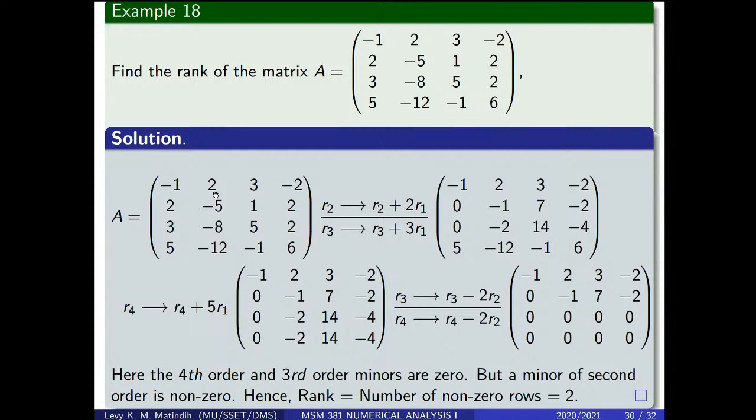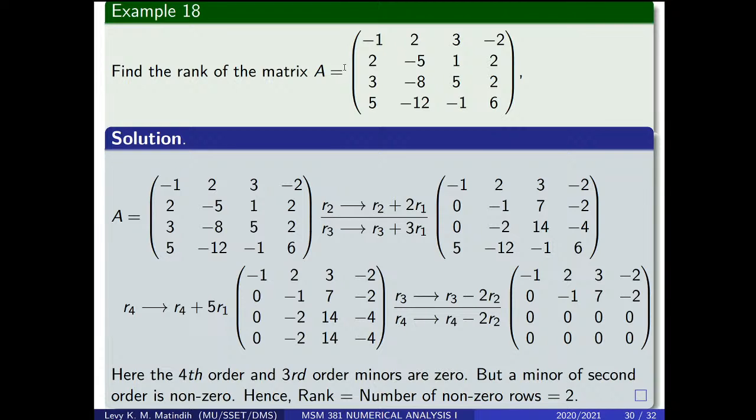The next example, number 18, is of the same nature as example number 17. They are just asking you to find the rank of the matrix A. Still, what you need to do is reduce this matrix to its upper triangular form.